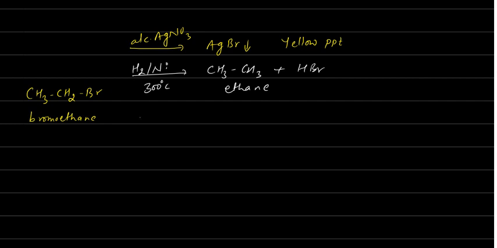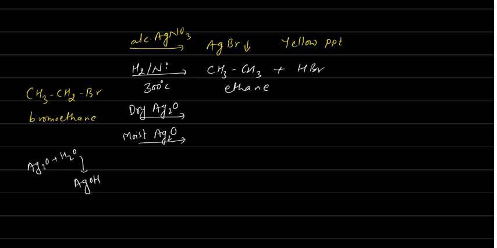Again, when bromoethane reacts with dry Ag2O, and I am also taking moist Ag2O. The meaning of moist Ag2O is that when Ag2O reacts with moisture, that is water, it gives AgOH, silver hydroxide. Therefore, with moist Ag2O, bromoethane gives CH3CH2OH, that is alcohol.